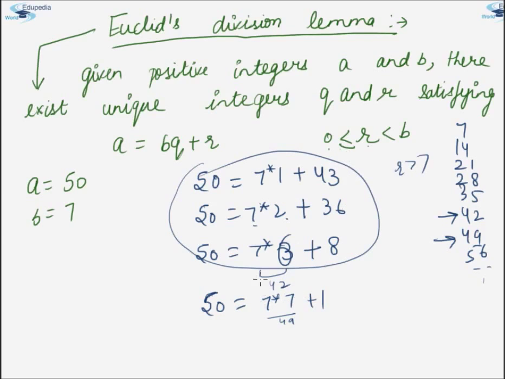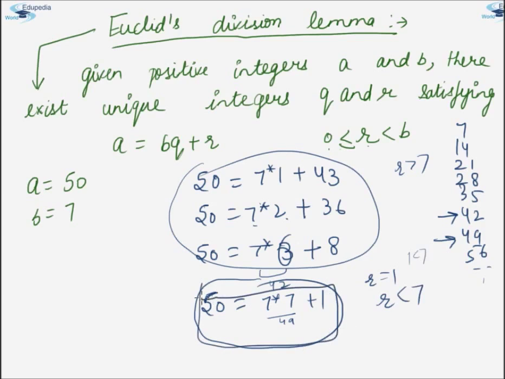But in the fourth case, the value of r is 1, which is less than 7, as 1 is less than 7. So this equation follows the Euclid's division lemma. That is, here if a is 50 and b is 7, then q is 7 and r is 1.